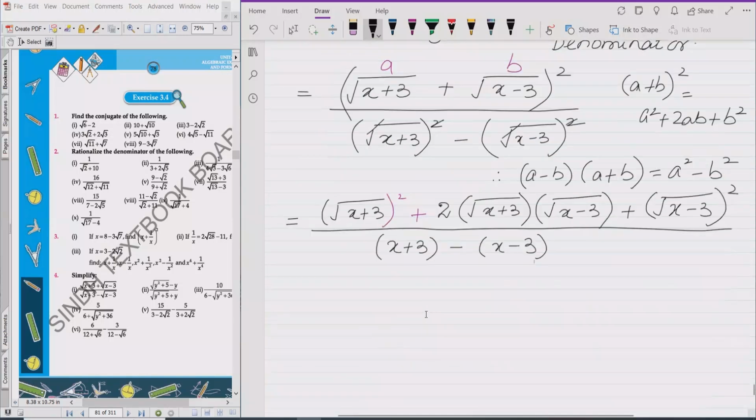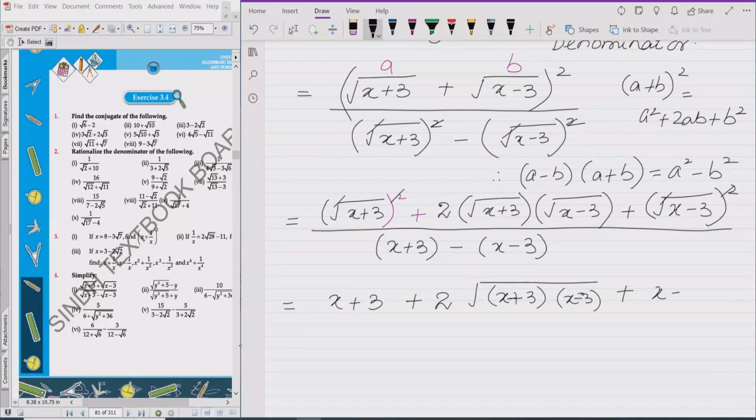Now we simplify all these terms: the square cancels the square root, giving x + 3 plus 2, and because these two terms are multiplying we can write it as √(x−3) times √(x+3), and x − 3. Here the square cancels the root, so we have x + 3 − x + 3, right?